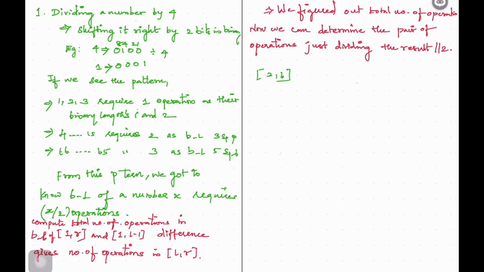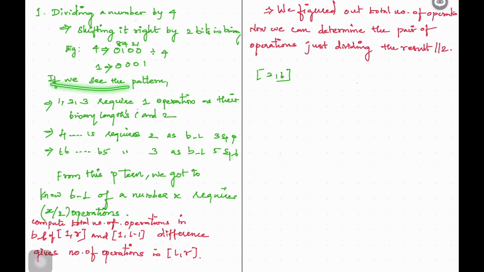Now if you see, dividing any number by 4 is like shifting it right by 2 digits in binary. For example, I have taken 4. When you divide it by 4, the bit will go to here, so it is 1.